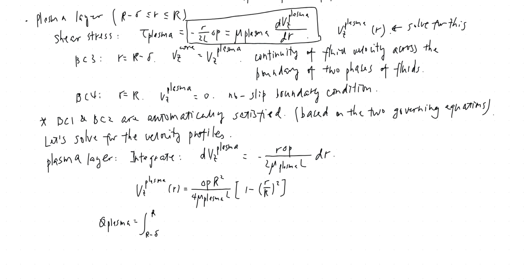The element of integration is 2 pi r multiplied by Vz plasma as a function of r, integrated over r. Again, check on your own, you will get pi R to the power of 4 delta P divided by 8 mu plasma L.